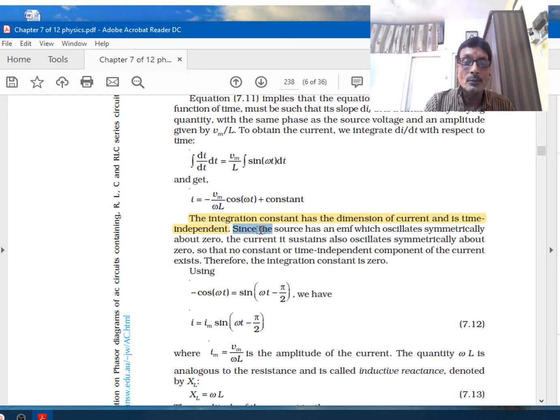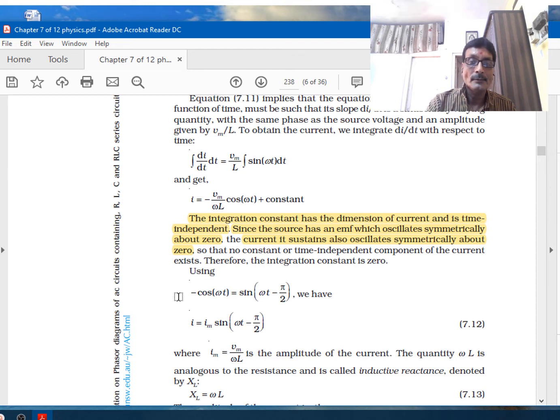Since the source has an EMF which oscillates symmetrically about 0, the current sustained also oscillates symmetrically about 0, so that no constant or time independent component of the current exists. Therefore the integration constant is 0.